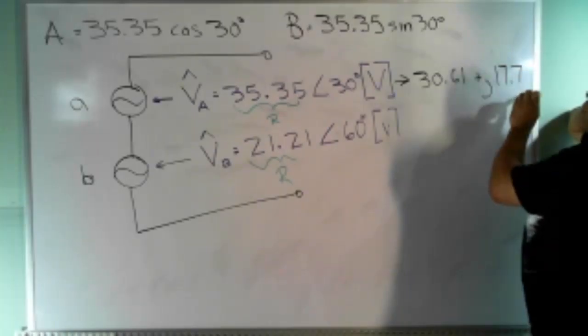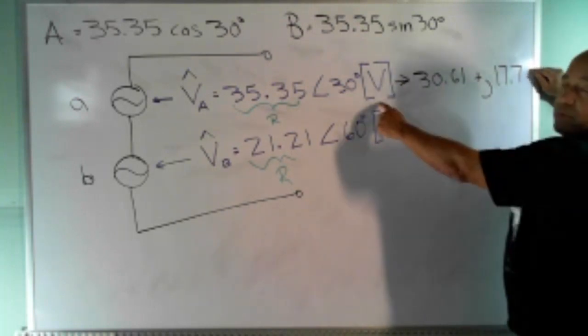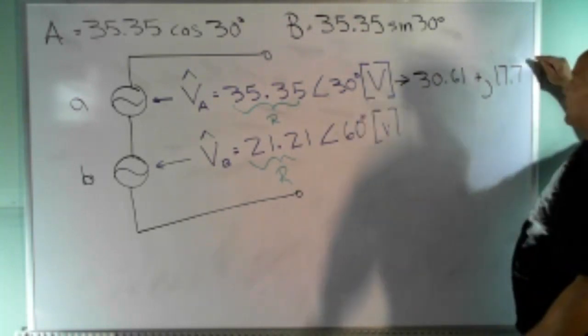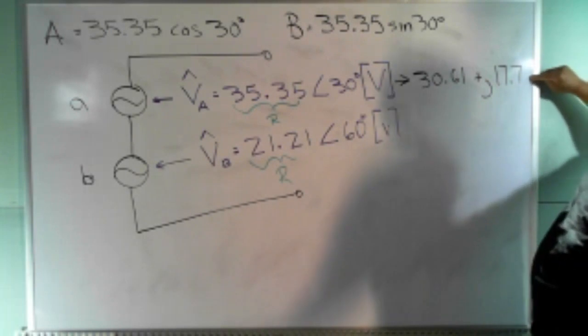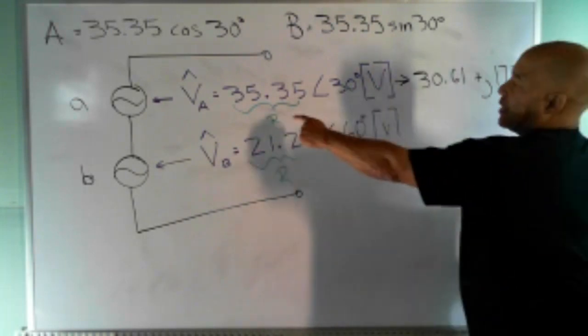Okay, I'm looking at around 17.7. Now I don't have enough room to write my units, but you just write volts with a bracket on it. So on your paper, write the volts over here so you get your units right. Now everybody sees how to convert this.